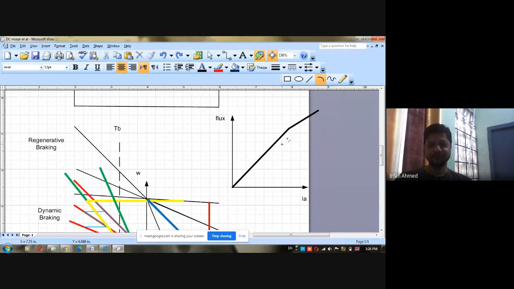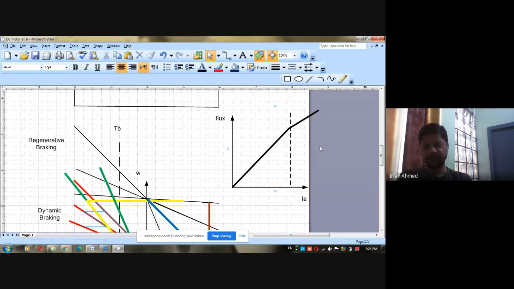It will not be exactly linear, but you can approximate it as a straight line up to a certain point. After that, saturation sets in. After this point, we can say that the field circuit becomes saturated.